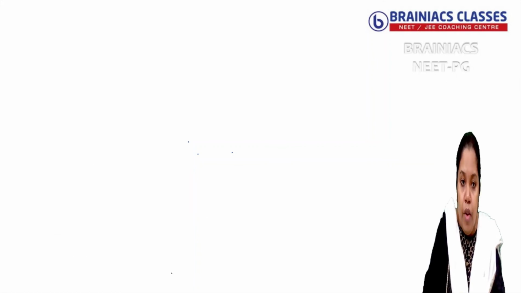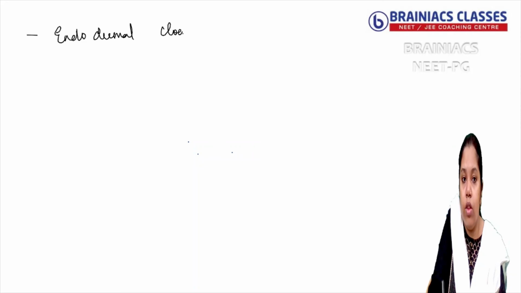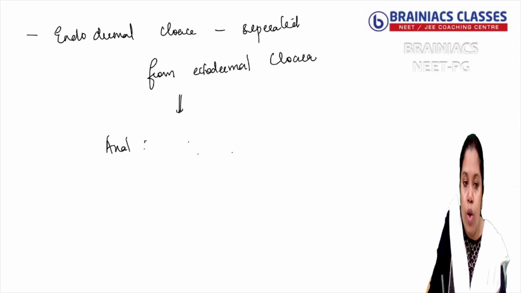Now, caudal to this endodermal cloaca, you have an ectodermal cloaca. The endodermal cloaca is separated from the ectodermal cloaca with the help of the anal membrane or cloacal membrane.